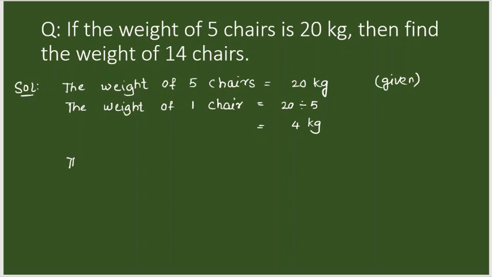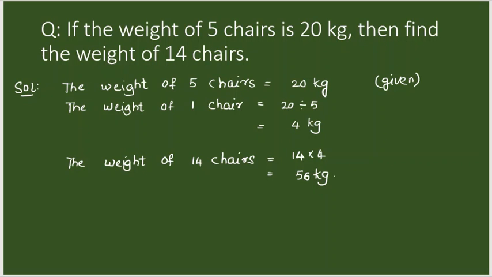So we can write that the weight of 14 chairs is equal to, what does it become? 14 must be multiplied by 4 or 4 must be multiplied by 14. Both give the same product. 14 fours are 56. So the weight of 14 chairs is 56.